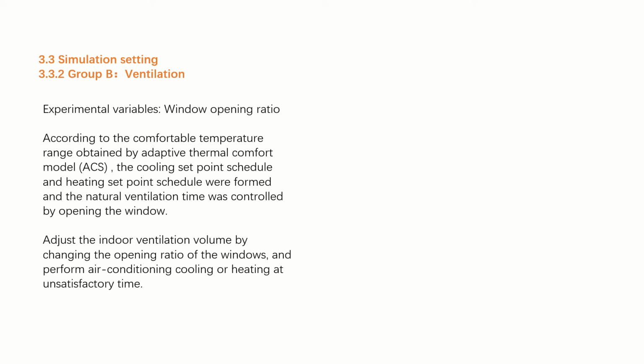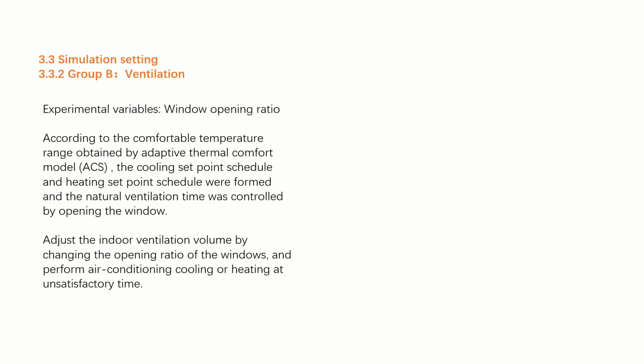For Group B, we had the amount of ventilation adjusted. Windows, a component of the building scheme, respond to the wind environment by controlling the opening ratio. So, according to the comfortable temperature range obtained by the adaptive thermal comfort model, the cooling set point schedule and heating set point schedule were formed and the natural ventilation time was controlled by opening the window.